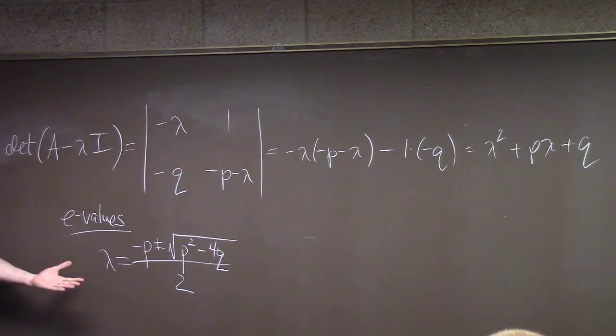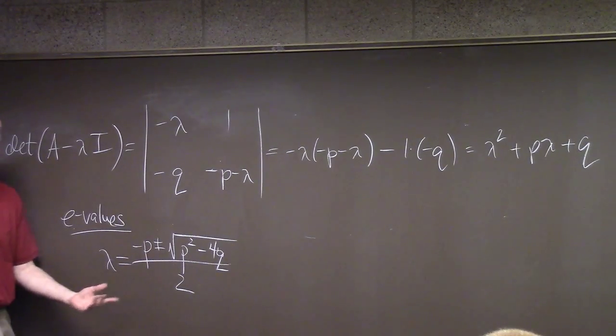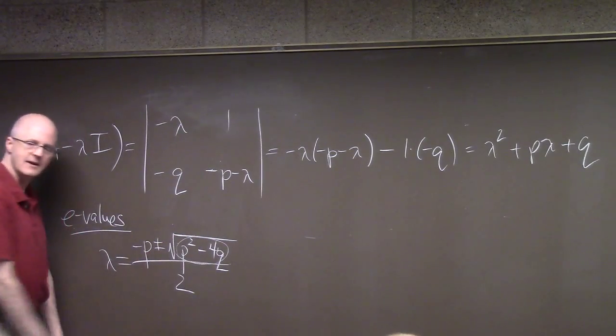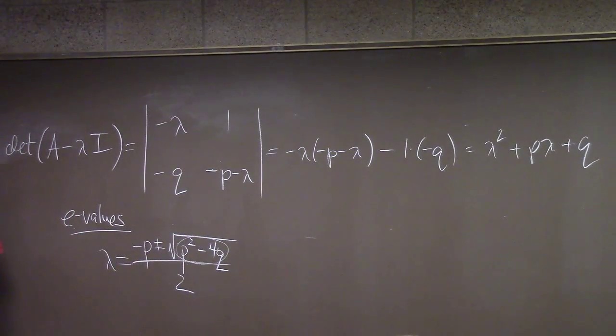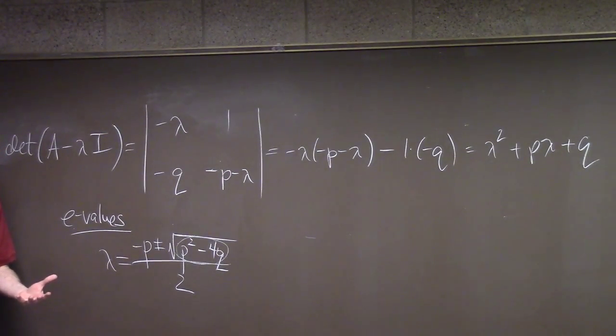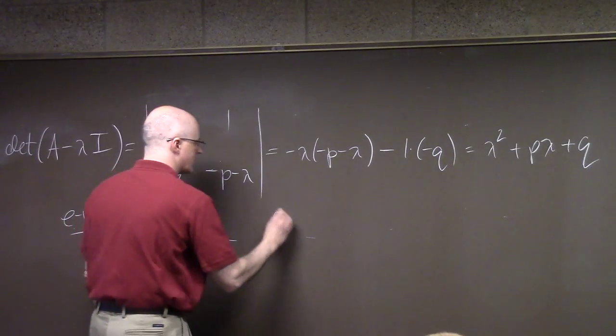What's going to happen with these eigenvalues? Well, you're going to have real eigenvalues when p squared minus 4q is greater than or equal to 0, and complex eigenvalues when p squared minus 4q is less than 0. You can write that down.